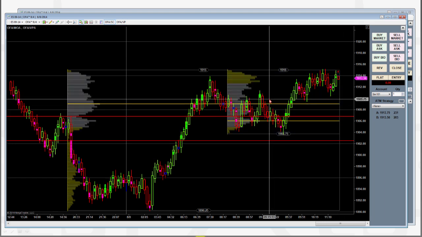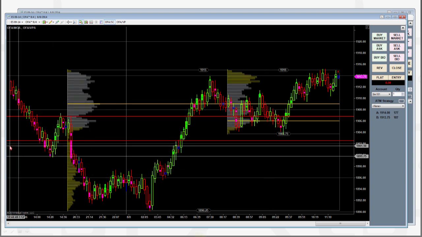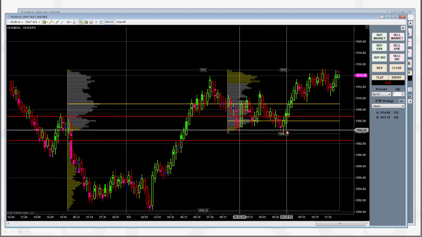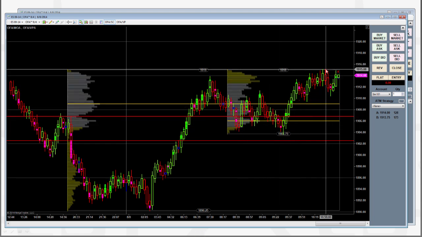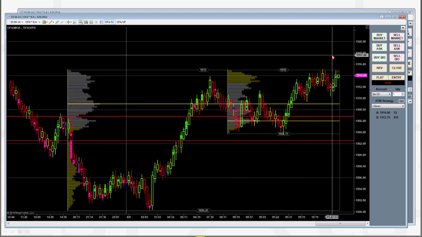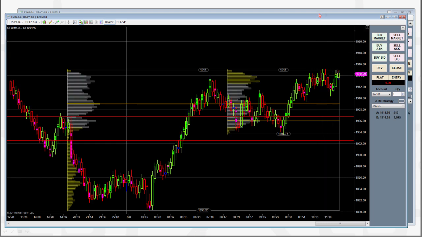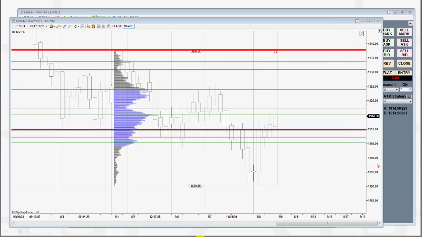So based on this profile, and you want to compare it to the previous day and what's happened over the week, this is what I'm reading in the market. 1 test down, 2 tests down. We continue to make higher highs for the day, and if it closes higher, that should instinctively tell you that the buyers are continuing to be aggressive based on the close.